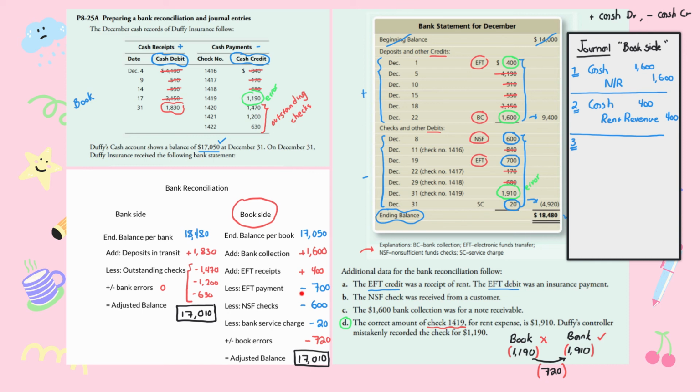Since it's a payment, it's negative, so cash will be on the credit side because I want to decrease the cash. And on the debit side, it's an insurance payment, so it's insurance expense. And the amount is 700 debit, 700 credit.